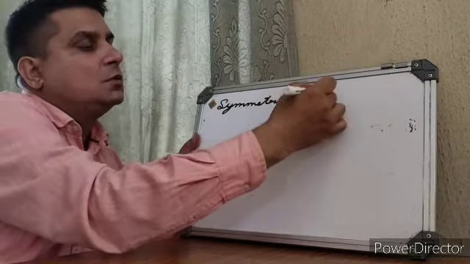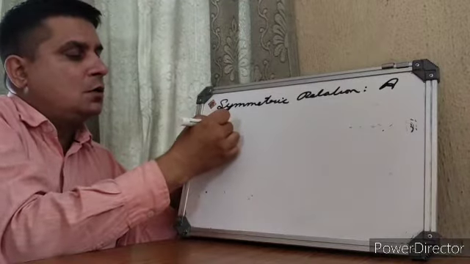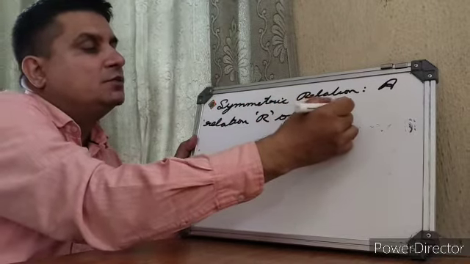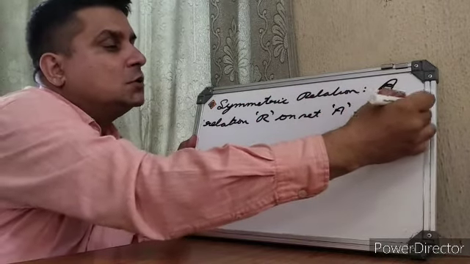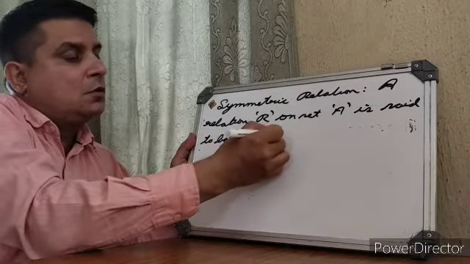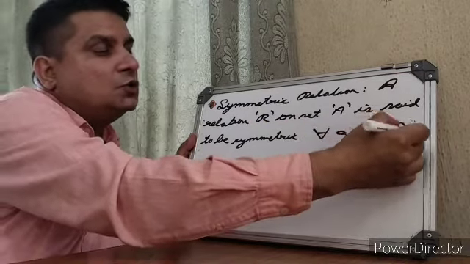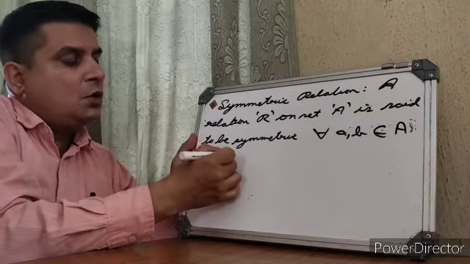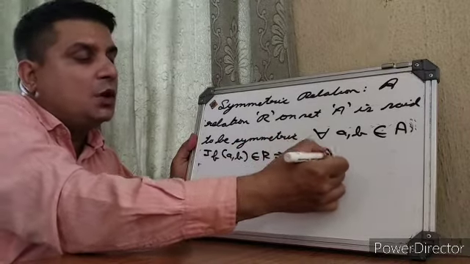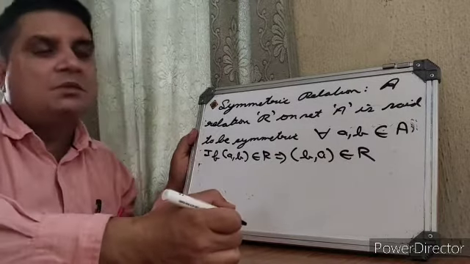Next is symmetric relation. A relation R on set A is said to be symmetric if for all (a, b) belonging to set A, if (a, b) belongs to relation, this implies that (b, a) must also belong to relation. It's very simple.